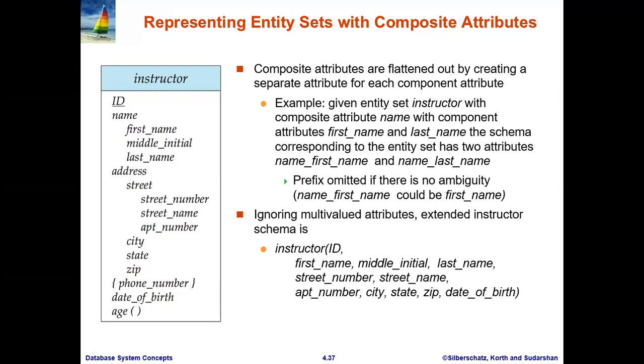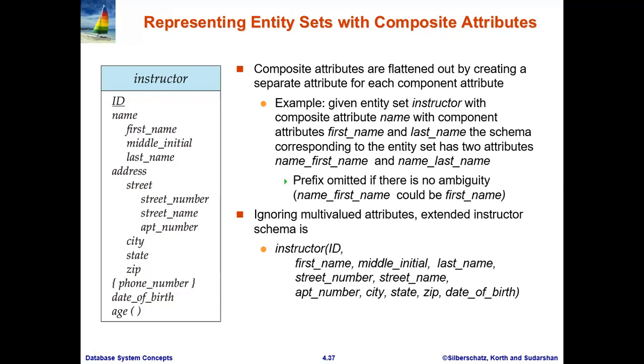We are taking this as an example where name will have only two component attributes, first_name and last_name. Then the schema of the corresponding entity set will have name as a composite attribute and its components as name_first_name and name_last_name.